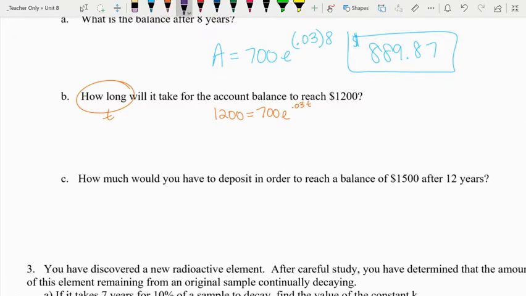Just like we've been doing, we need to get e by itself, so we need to divide by 700. That ends up giving me 1.714, and it keeps going on forever. Now I want to keep that specific value in my calculator. I don't want to round it, because if I round it now and then round it later, I'm rounding too many times for my final answer.